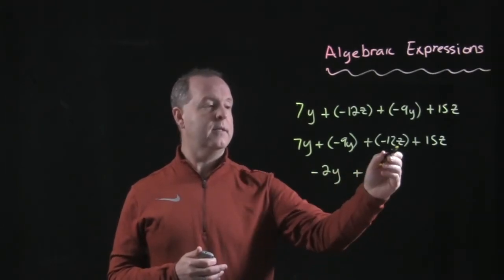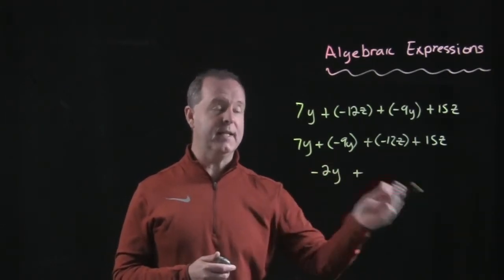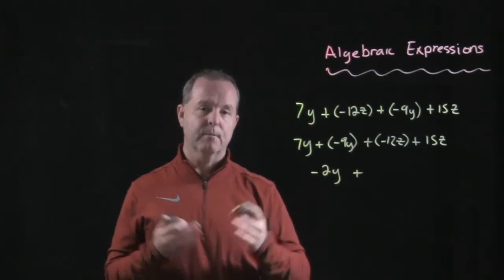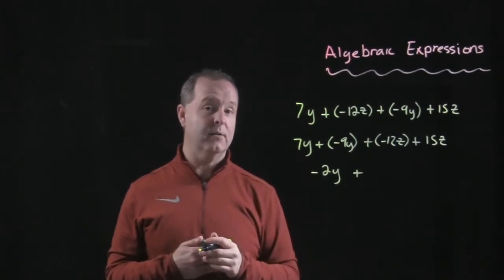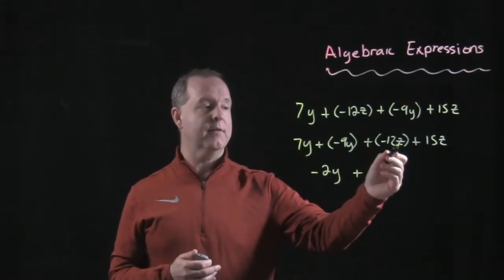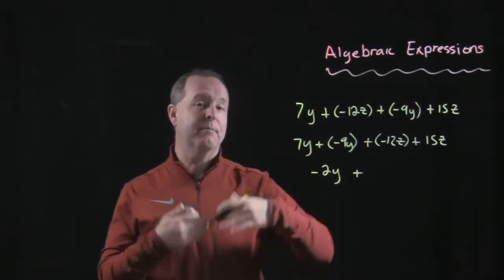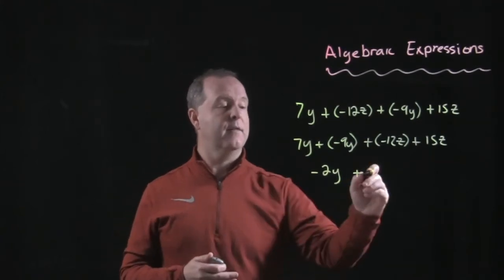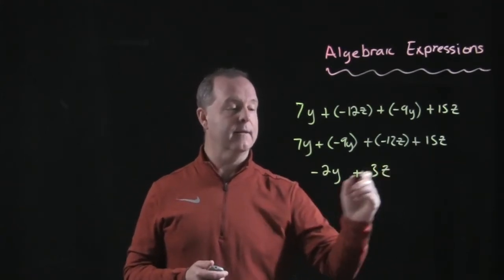Likewise, negative 12z plus 15z. What happens when both of those are taken into account? What's my net gain or my net loss? Negative 12z, and I add a positive 15z to that, then I'll be left with a 3z.